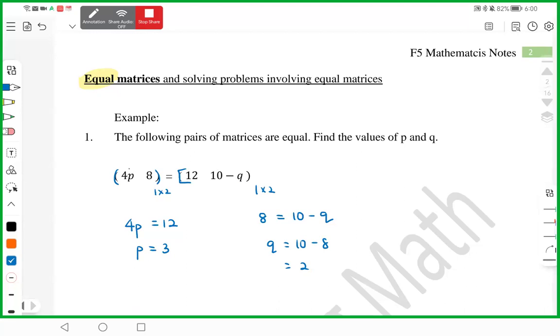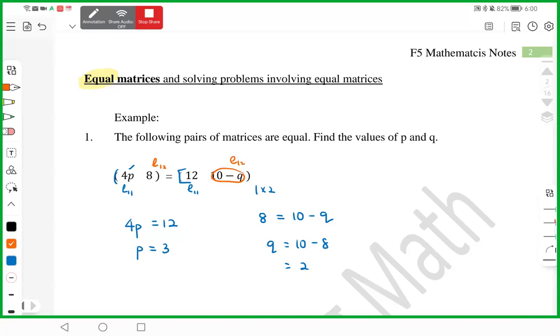Equal matrix means this element is the same as this. So if you write out E11, this is also E11. Then this is E12. So this whole term is E12.